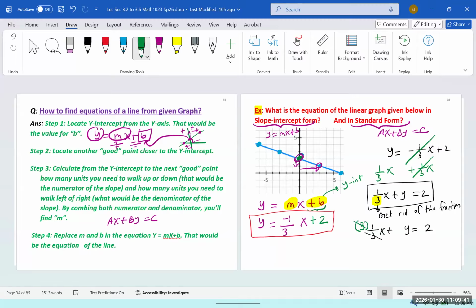So if you multiply by 3, the denominator and numerator cancel out, and there is no fraction. But math is fair. If you multiply one term by 3, you have to multiply every term by 3. So multiply every term by 3, and you get x plus 3y equals 6. Now, this is better because it doesn't have any fraction.